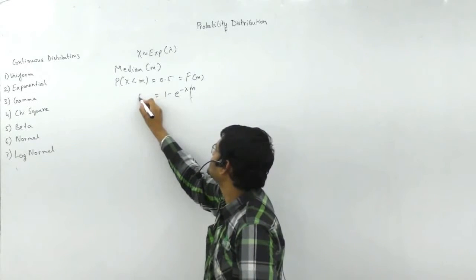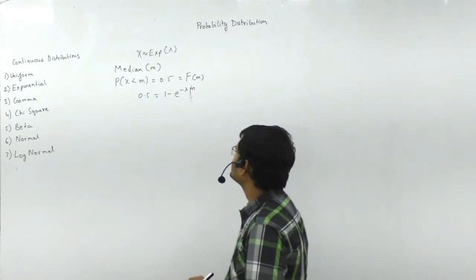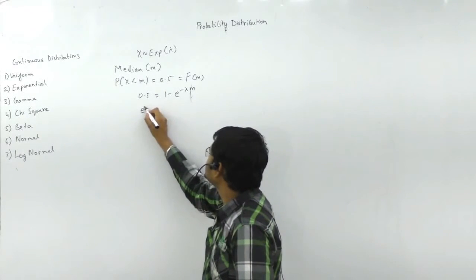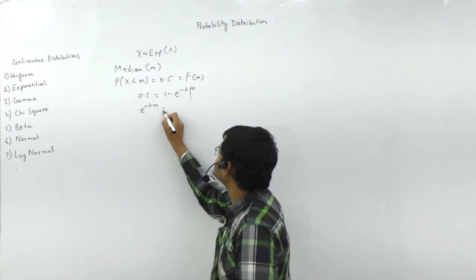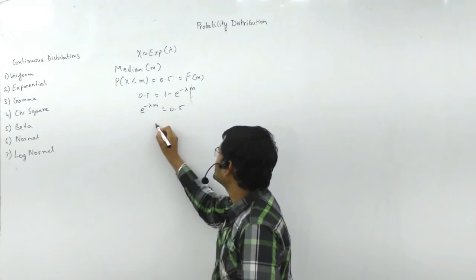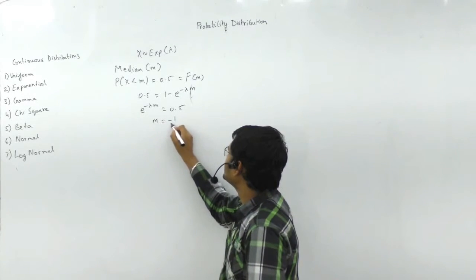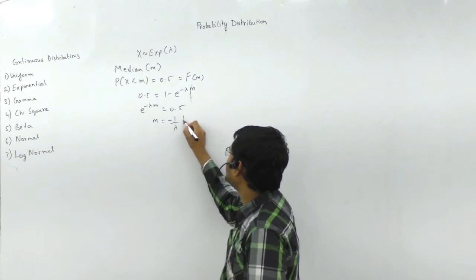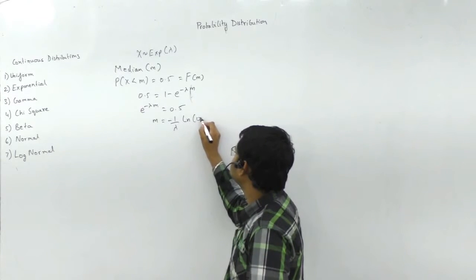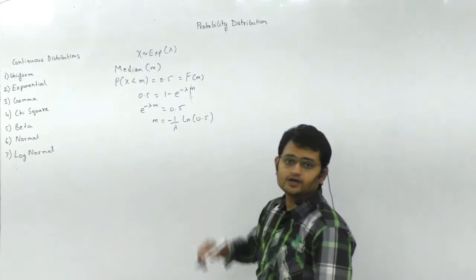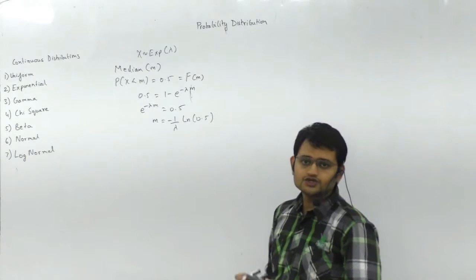So this should be equal to 0.5. So that is nothing but e raised to minus lambda m equals 0.5. So m is going to be minus 1 by lambda ln of 0.5. ln is nothing but log to the base e. Use your calculator.